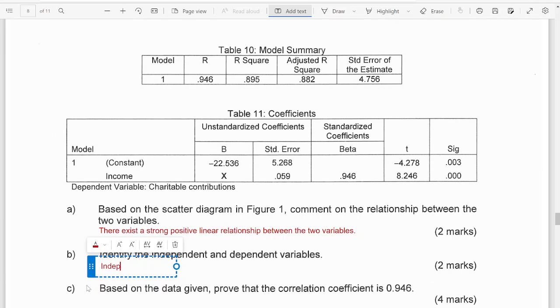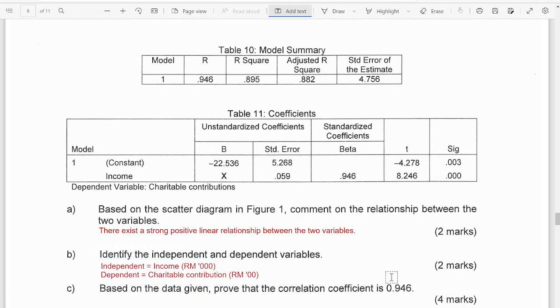So in this case, the independent variable will be the income in RM 1000, and then the dependent variable will be the charitable contribution, and this is in RM hundreds.